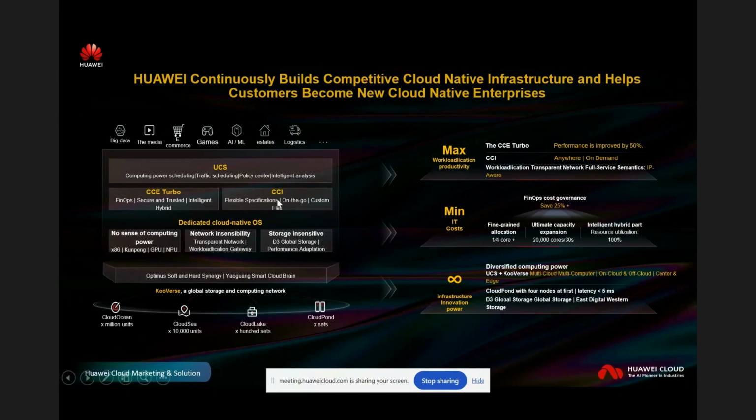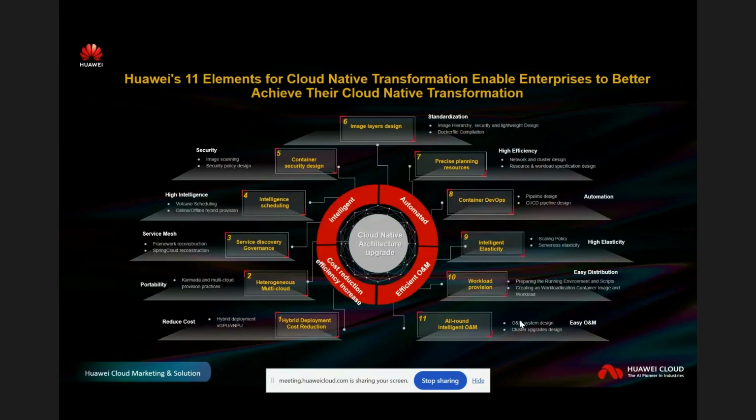And we also have the CCI, that is our serverless Kubernetes service. And if the clients would like to have a multi-cloud architecture in terms of Kubernetes as well, we have the UCS that can orchestrate Kubernetes in some other main vendors that are based on Kubernetes as well. Okay, so those are our capabilities.